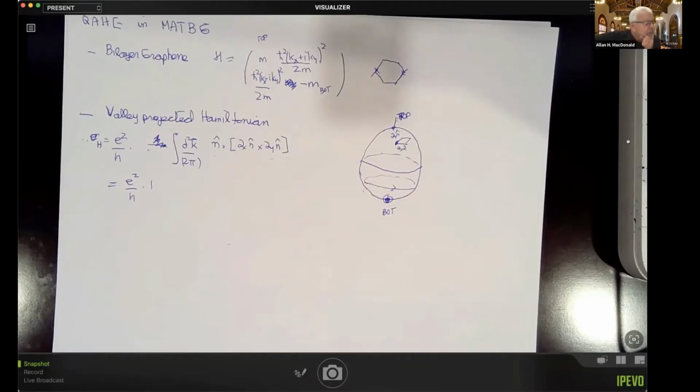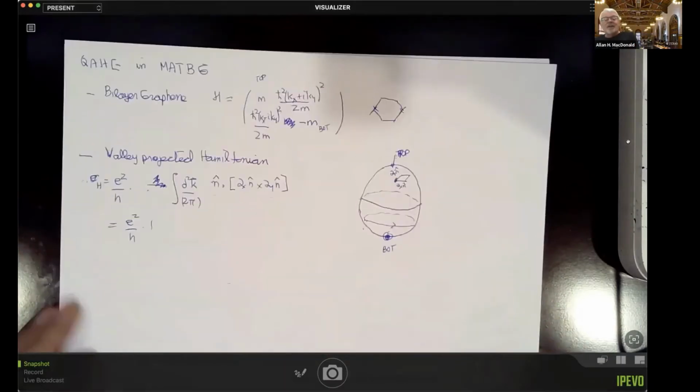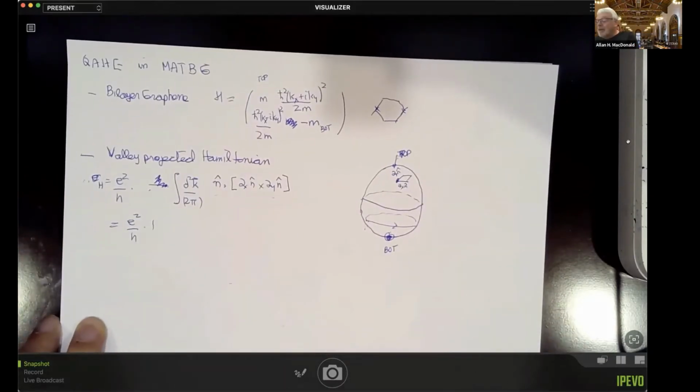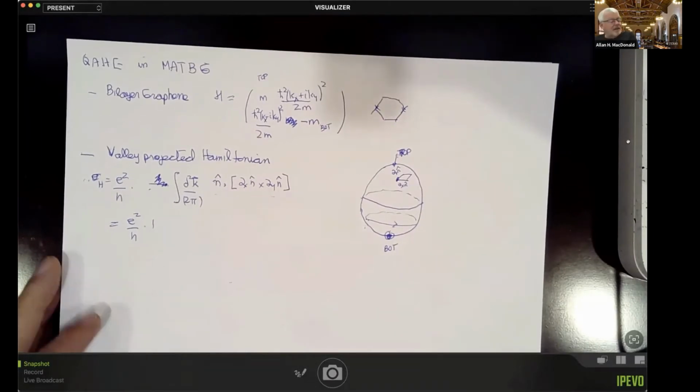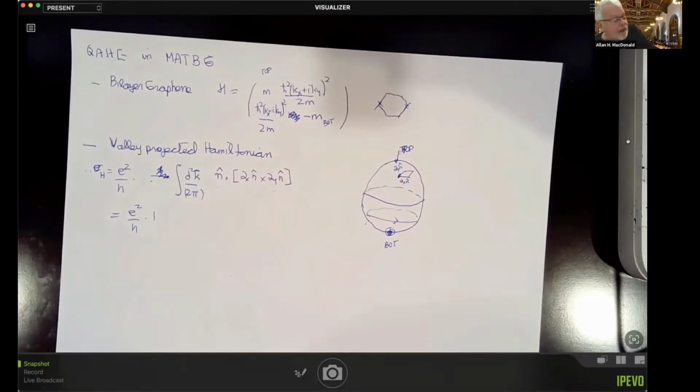And right, so roughly, that's where the quantum anomalous Hall effect comes from in magic angle twisted bilayer graphene.